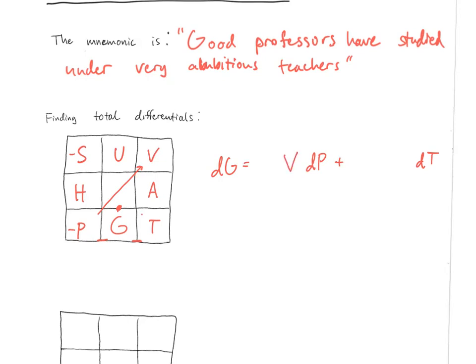And then S is on the opposite corner of T, and it's actually negative in this case. So we get a negative S dT. And so this just becomes V dP minus S dT. Notice that when I put P into my differential, I did not include the negative sign, but I did include the negative sign when I did it for the coefficient over there. So that's an important distinction that you should make sure to remember.